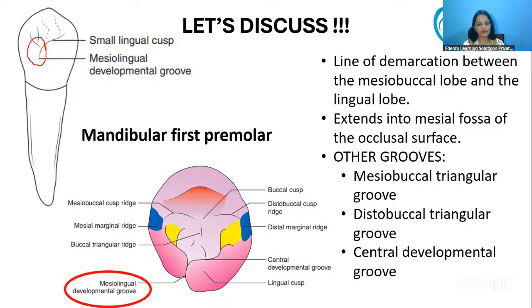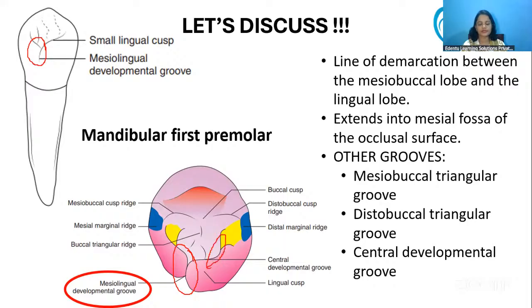If you look from the occlusal view also, it will be very evident. This mesiolingual developmental groove will be very evident like this. Other grooves are also present, like the mesiobuccal triangular groove, the distobuccal triangular groove and the central developmental groove, which is present here.